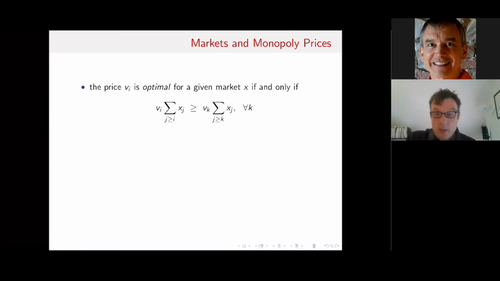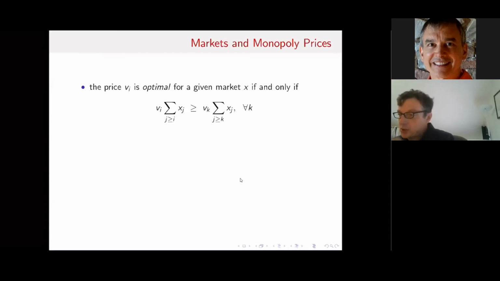If we are charging the price VI, then who is willing to buy? So if you're selling the object at price VI, who's willing to buy the object? Well, all the valuations exceeding the valuation VI. So we're summing up over all of the entries xj with j at least I. Okay, we could charge another price.